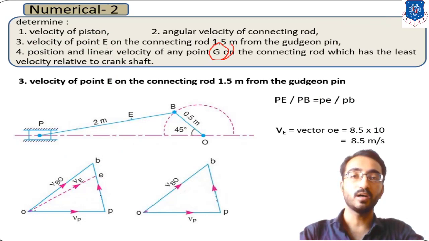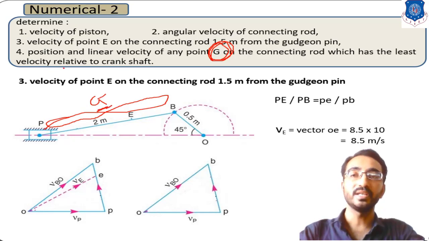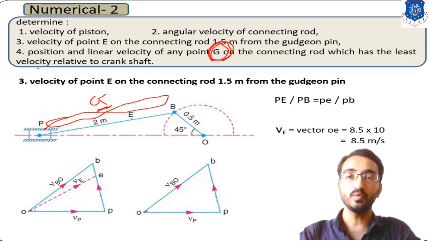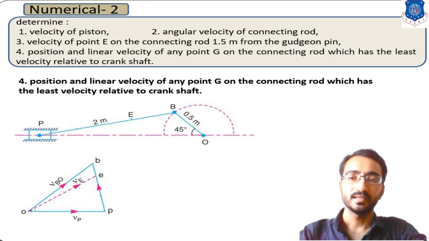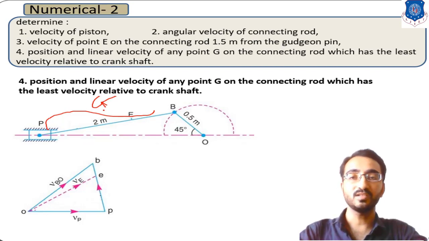So we have to find one point G on this connecting rod which has the minimum velocity. Here we consider that point G lying on this connecting rod produces the minimum velocity, and this velocity is minimum with reference to its absolute velocity.